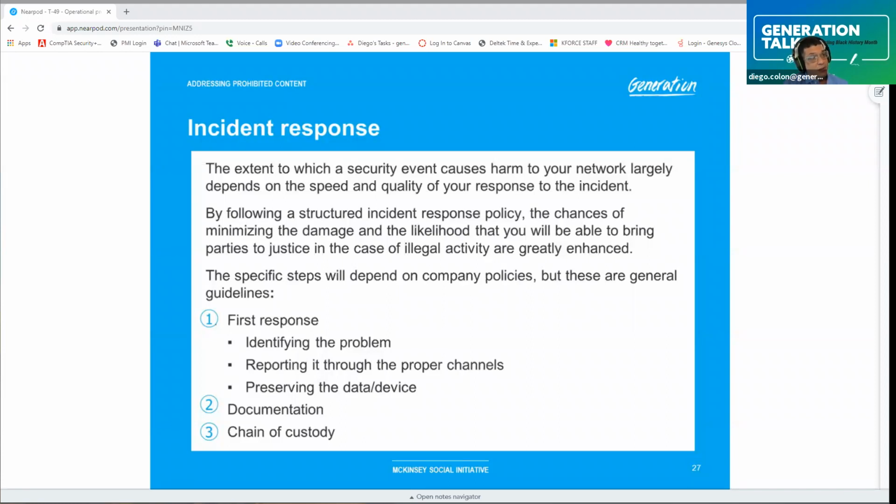Obviously, at that point, we do have to respond, identify that there is a problem and what it is. We reported it to security and HR, and we created a digital copy to preserve the data and the device.